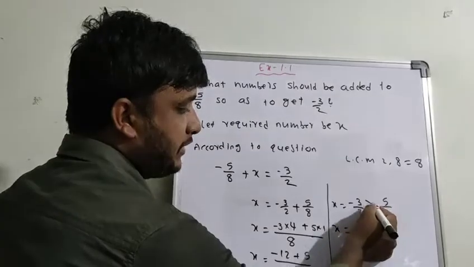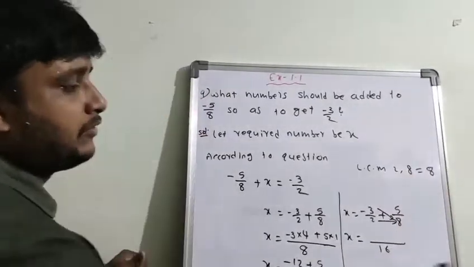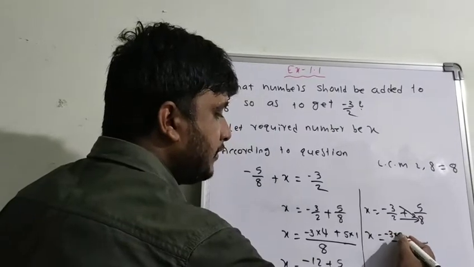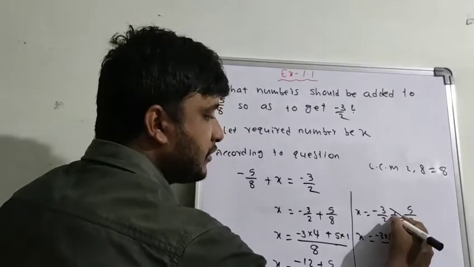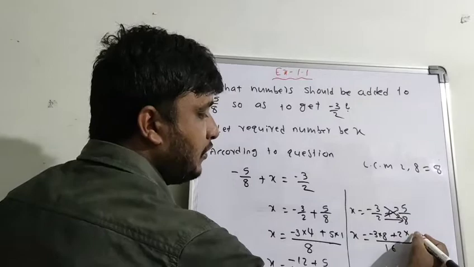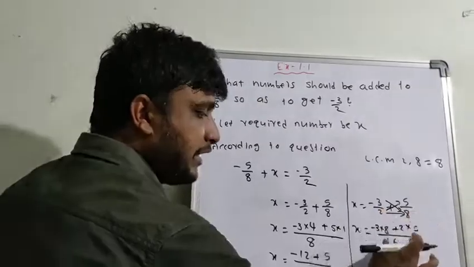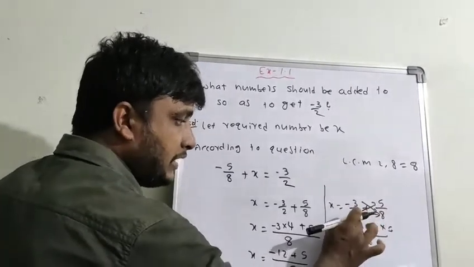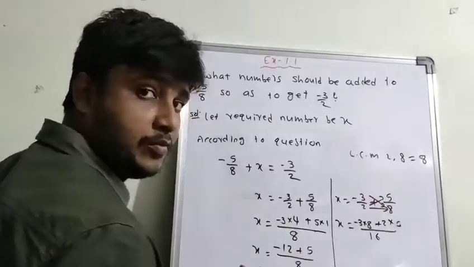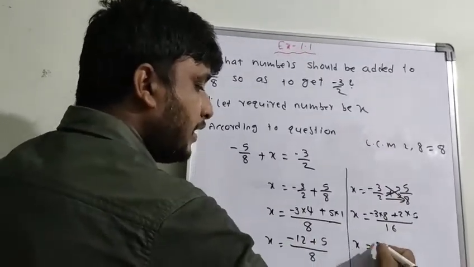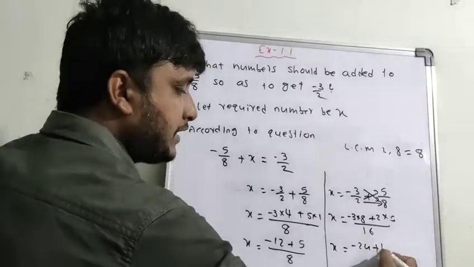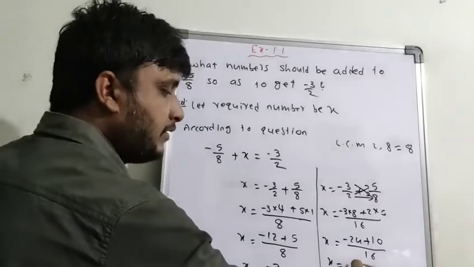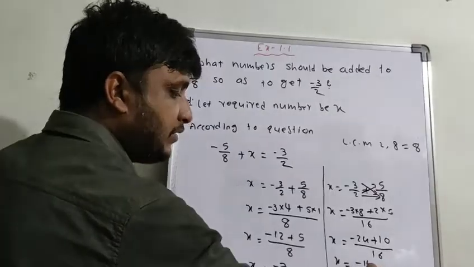Next do cross multiplication: this numerator into the next fraction's denominator, minus 3 into 8, plus, next the other cross multiplication, 2 into 5. So first multiply the denominators, next first numerator into second denominator plus first denominator into second numerator. So x equals minus 24 plus 2 5s are 10 by 16. Minus 24 plus 10 is minus 14 by 16.